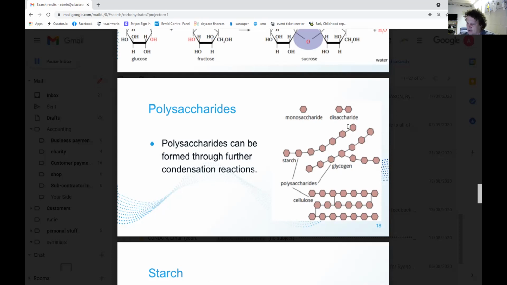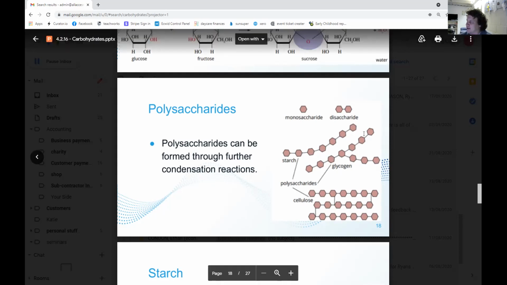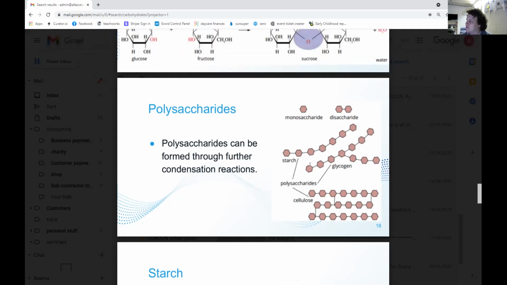It's what makes your water all gluggy when you cook pasta or potatoes. It's the starch breaking down. Glycogen is what's stored in our muscle cells. So we store glucose in our muscle cells for a quick hit of energy.